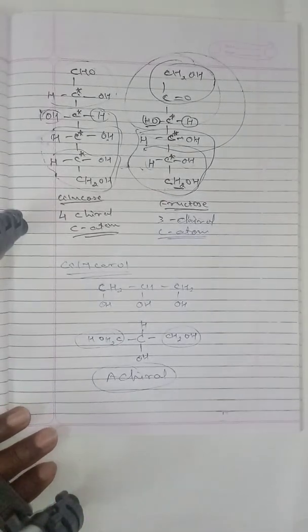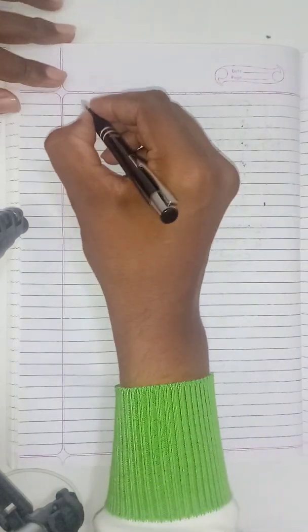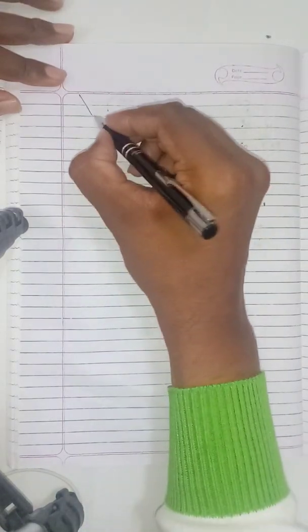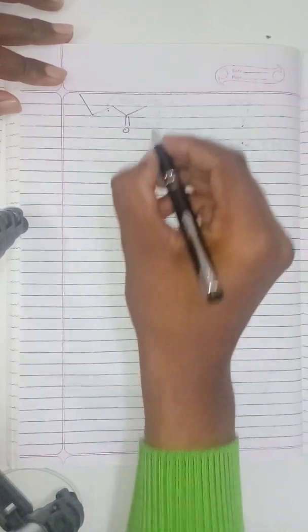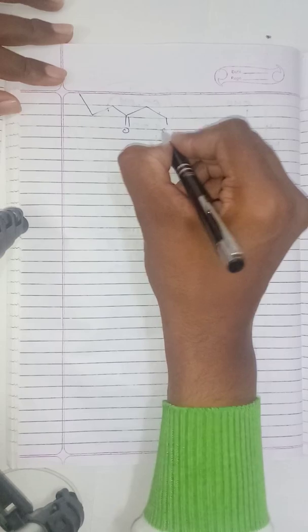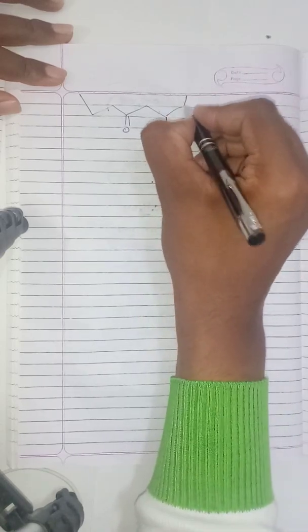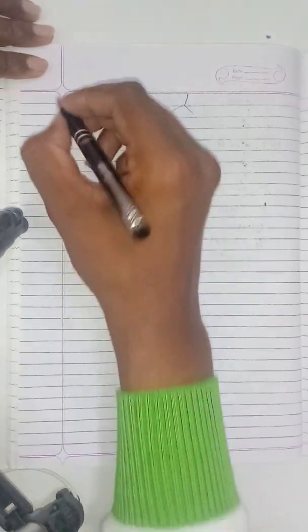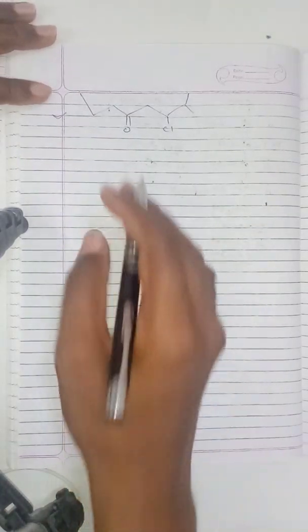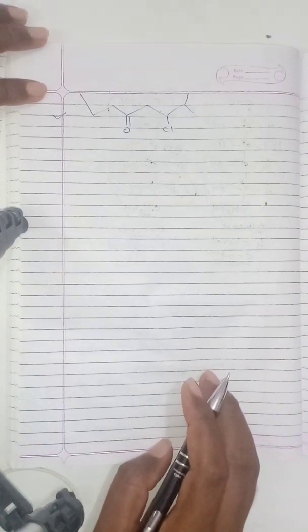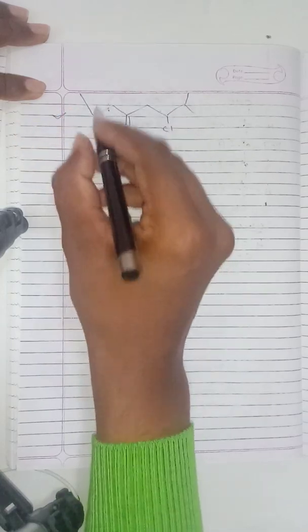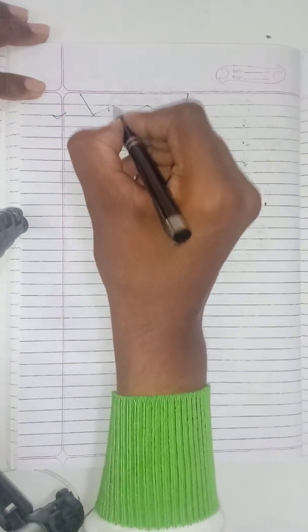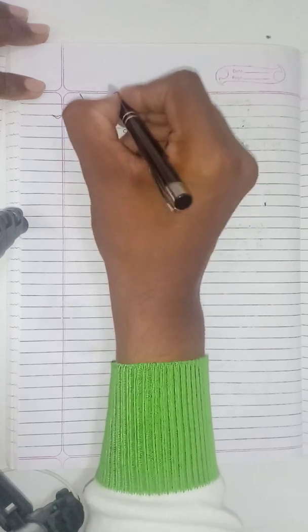Okay, now let's see this structure, how many chiral carbons are present. Here this is a methyl group, and each corner represents a CH2 group.